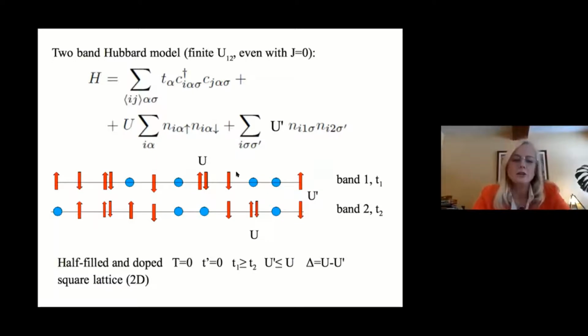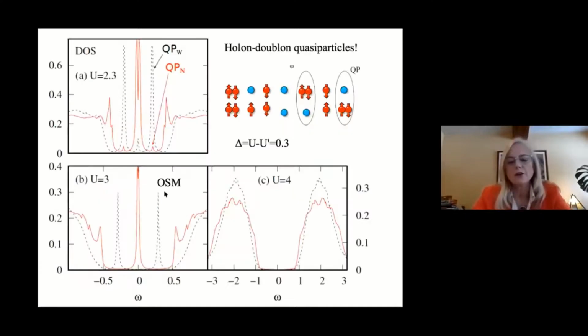The results we get are the following. Of course, if the U is very large, we get both bands insulating. So we have two orbitals, remember, the black and the red. The red is the wide and the black is the narrow. We get the lower Hubbard band and the upper Hubbard band, and we get an insulator, so no density of state at the Fermi energy.